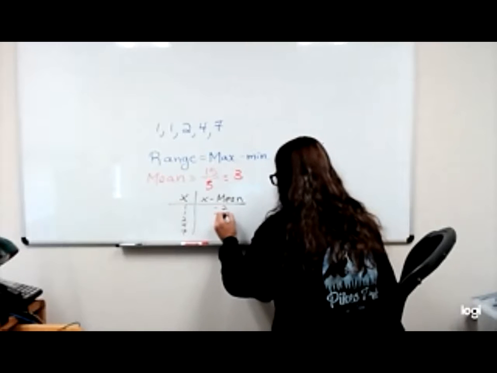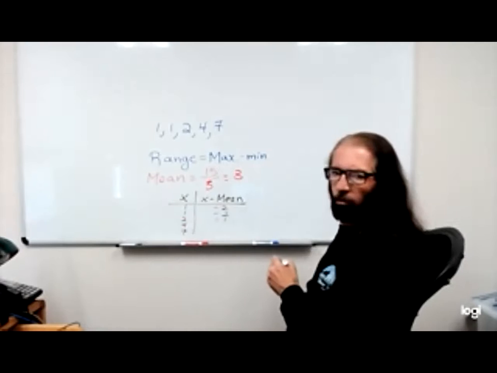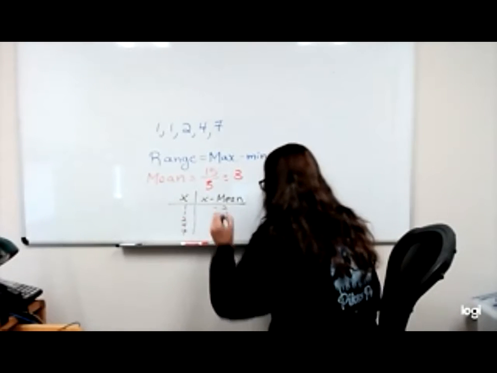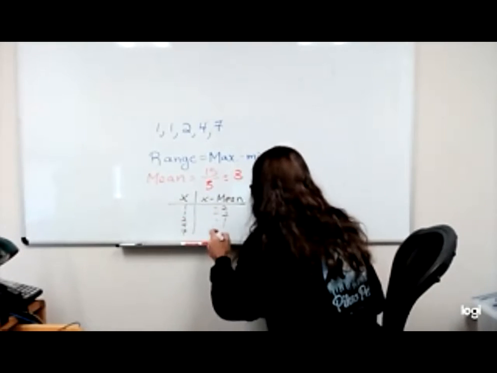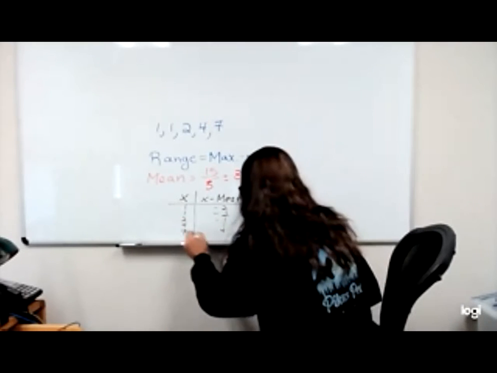We see that twice. 2 minus 3 is -1. 4 minus 3 is 1. And 7 minus 3 is 4. We have a total here of 0.